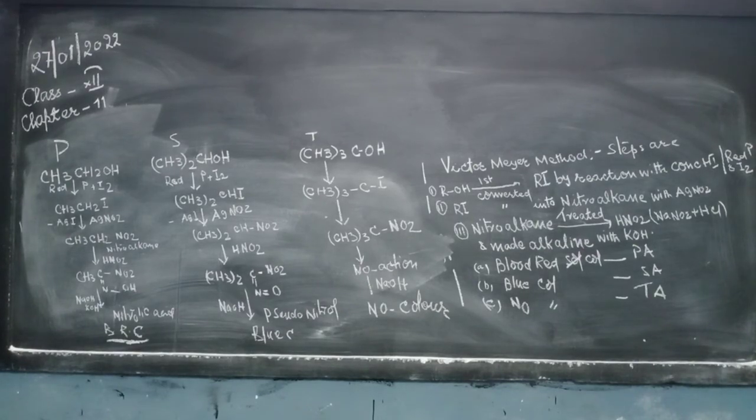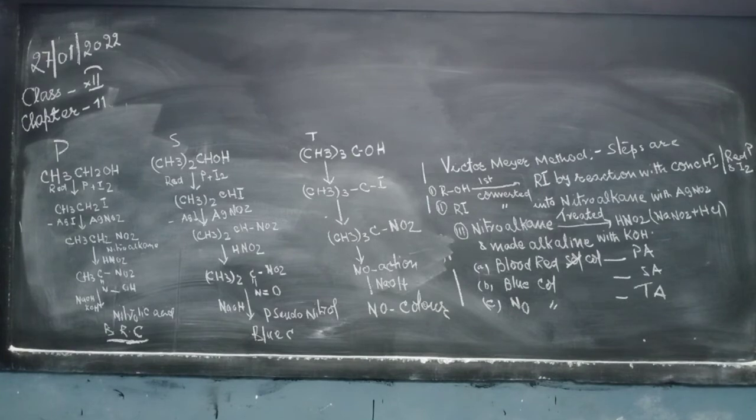Victor Meyer method. The different steps are: first, alcohol is converted into alkyl iodide by the reaction of red phosphorus and iodine. In the second step, alkyl iodide is converted into nitroalkane with the help of silver nitrite.